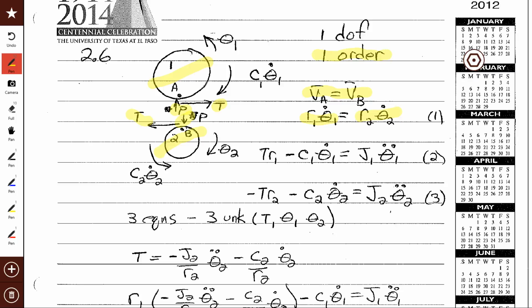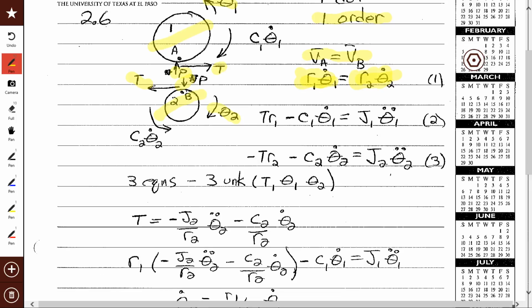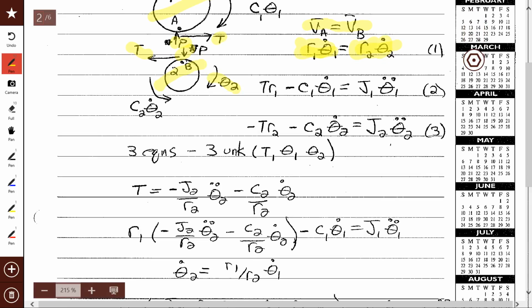Because of the way I've drawn the positives for the angles, if theta 1 dot is positive, point A is moving to the right, and if theta 2 dot is positive, point B is also moving to the right. And that's why these equations have positives in front of each one. Normally I would save that to the last, but okay.